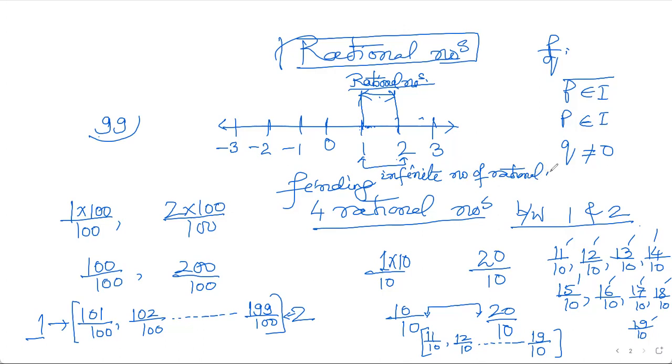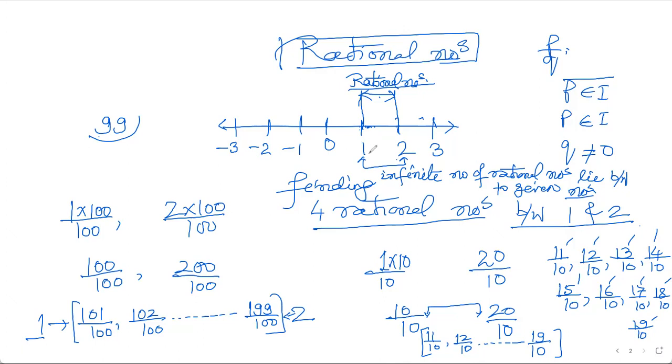I'm not saying only natural numbers or integers; even in fractions also, even between two rational numbers, I can find an infinite number of rational numbers, and that I'm going to discuss later on.